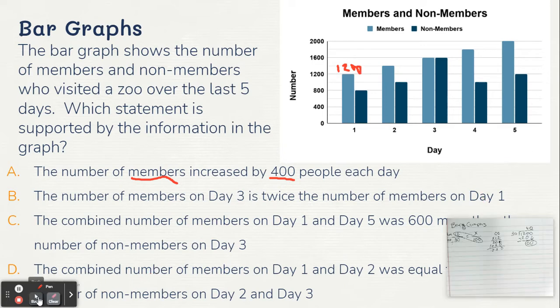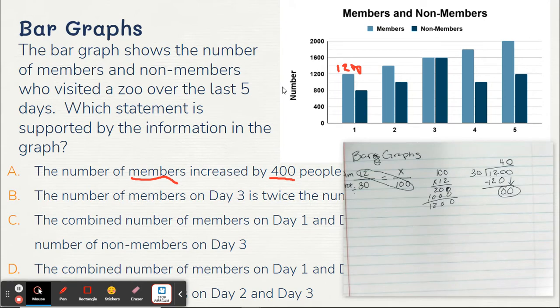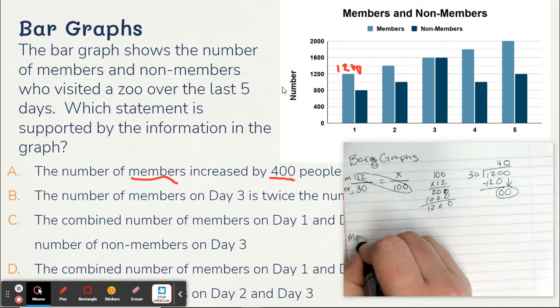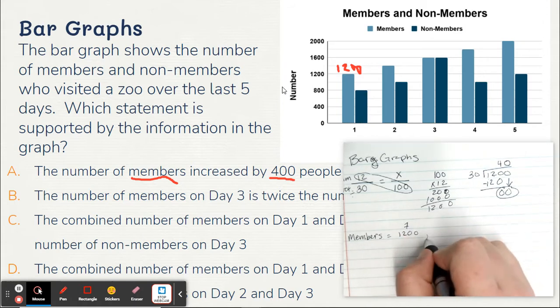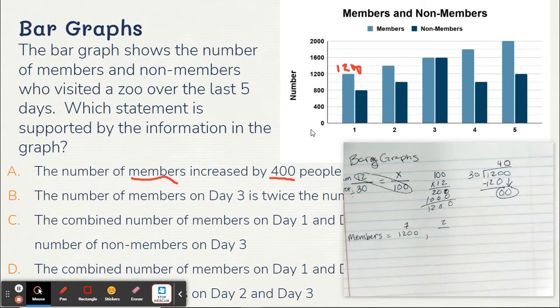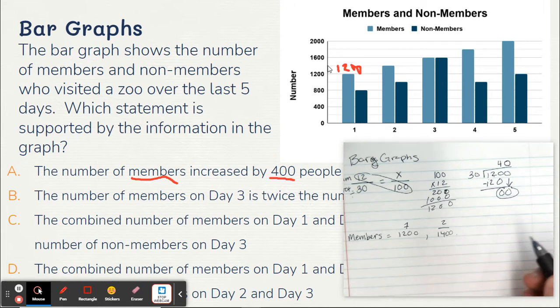I'm going to write it like this on here. Members is 1,200 on day 1. On day 2, let's look at it. That's 1,200, that's 1,600, which means it goes up by 200 each time. So this would be 1,400, and we can stop right there.